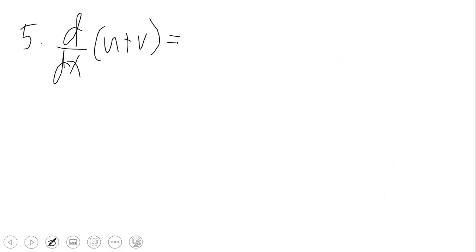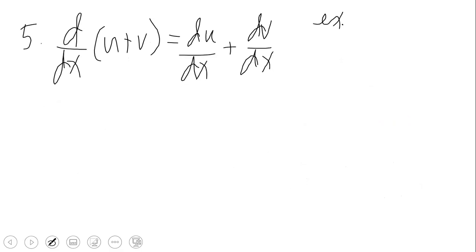Let's have number 5. The derivative d over dx of u plus v equal to du over dx plus dv over dx. Example, y equal to x to the fourth plus 2x squared. Take the derivative of x to the fourth plus the derivative of 2x squared.